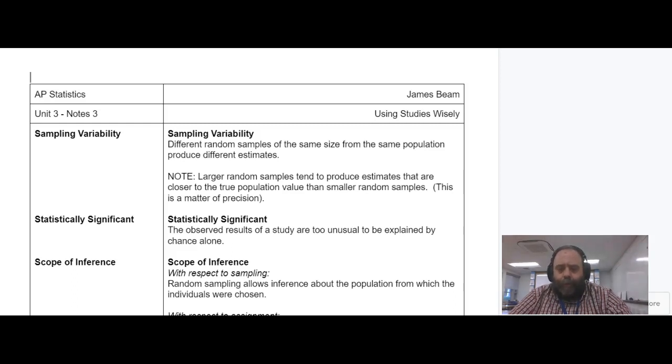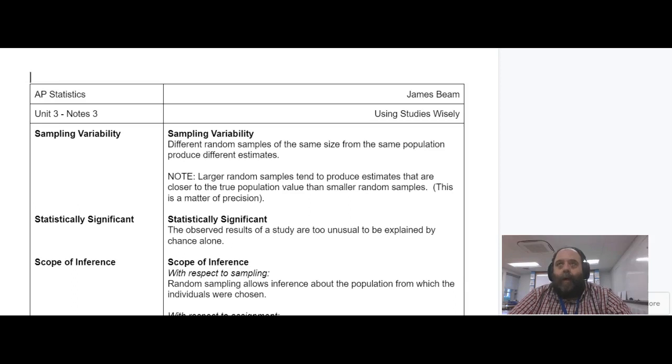So big samples are good, and there is a law of diminishing returns on that, as I've talked about. As you increase the sample size, you get more precision. But when you increase the sample size from 2 to 10, you're going to get more of a bump in precision than when you're increasing the sample size from 102 to 110, right? So 8 unit jumps.